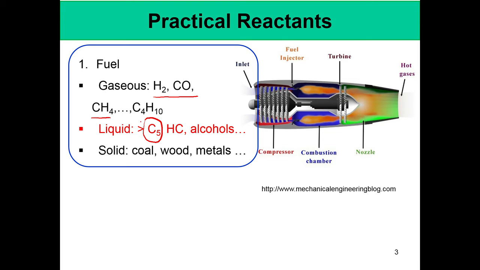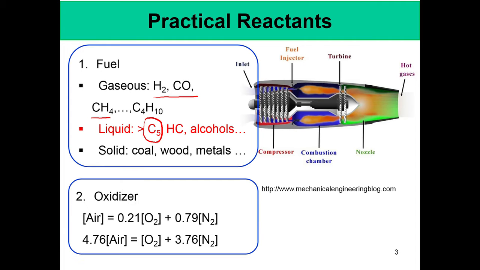And in the previous introductory lecture, we have seen the importance of liquid fuels because of their very high energy densities. And then we also have alcohols, and for power generation purposes we might have coal, woods, etc., and metals, which are not of importance in this course. Liquid fuels and gaseous fuels, which are mainly hydrocarbons, are of primary importance in this course.